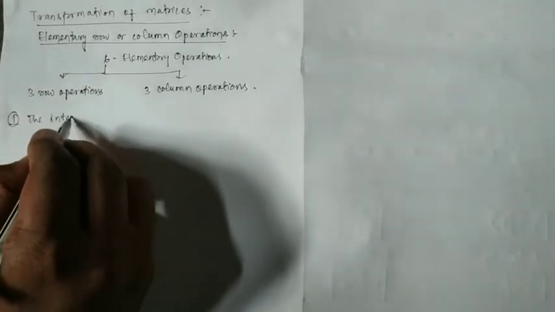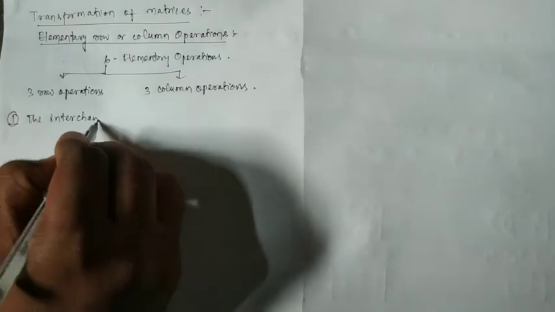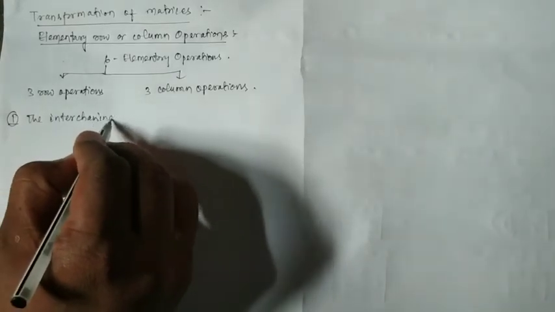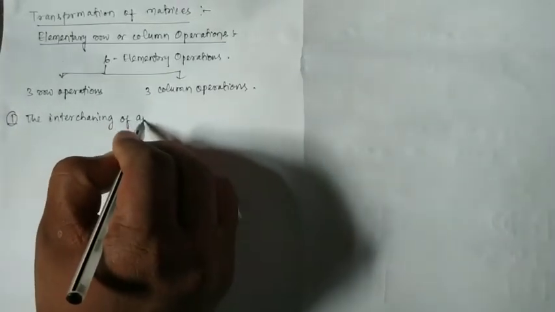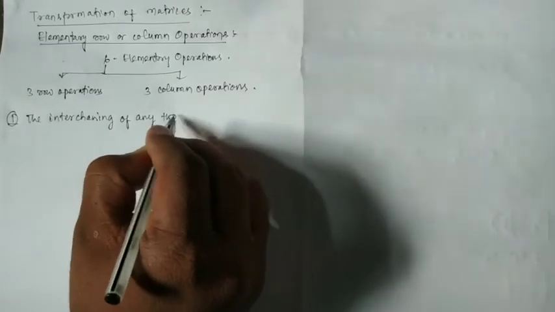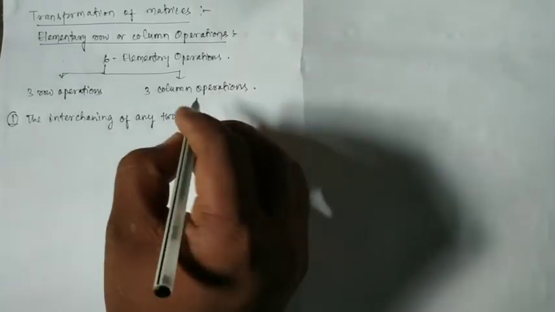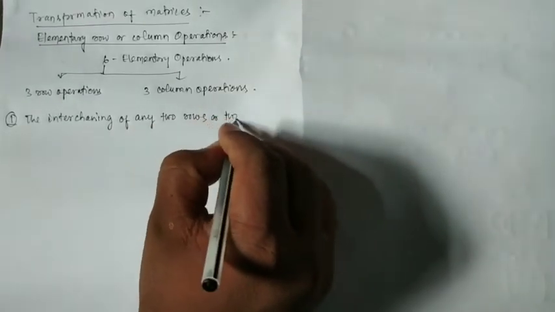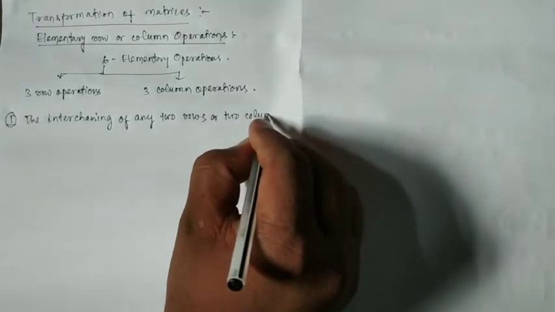First operation is the interchanging of any 2 rows or 2 columns.